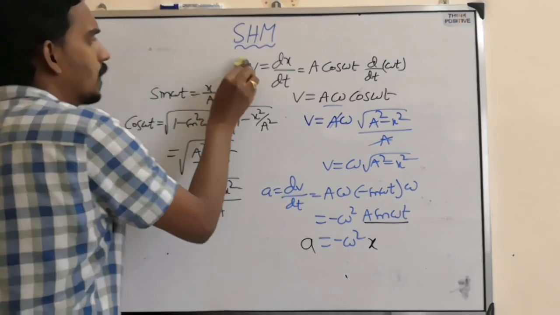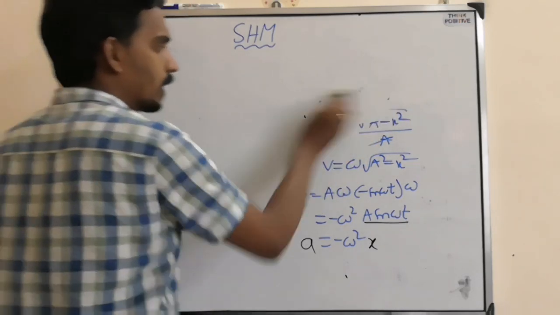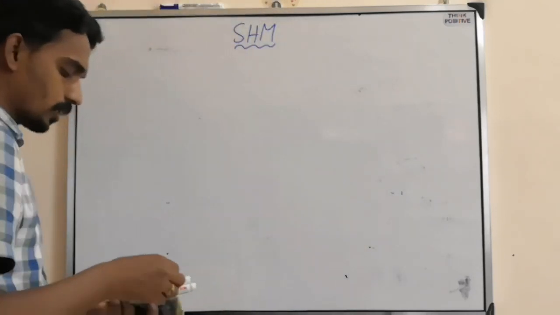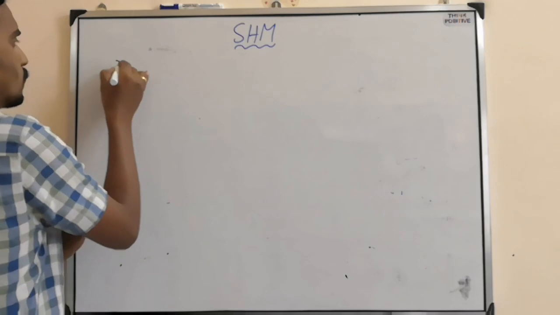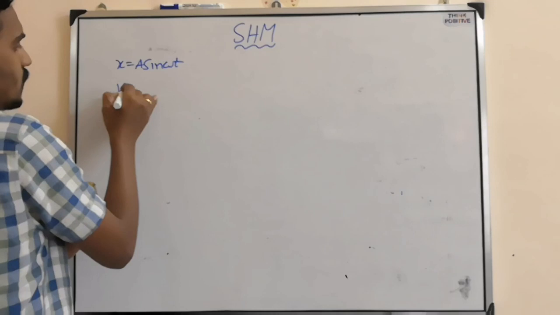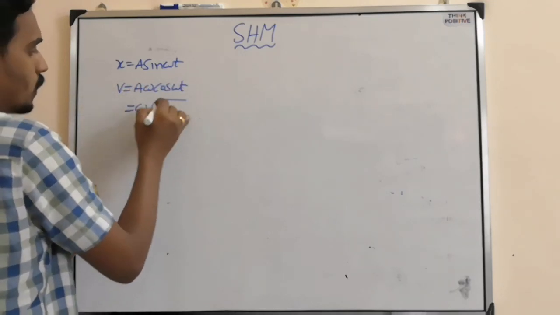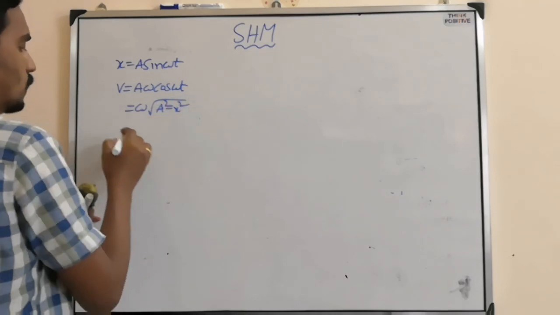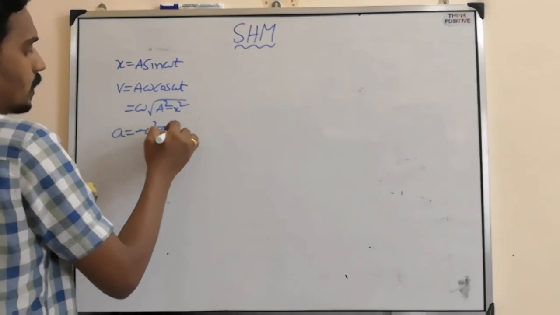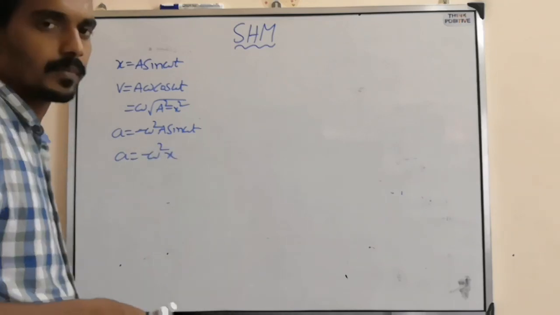So the very first kind of question they can ask is based on these equations. I'll first write all the equations together, then I'll tell you what kind of questions they can ask. Displacement is a sin omega t and velocity is a omega cos omega t, or else omega into under root a square minus x square, or else acceleration is minus omega square a sin omega t or minus omega square x.